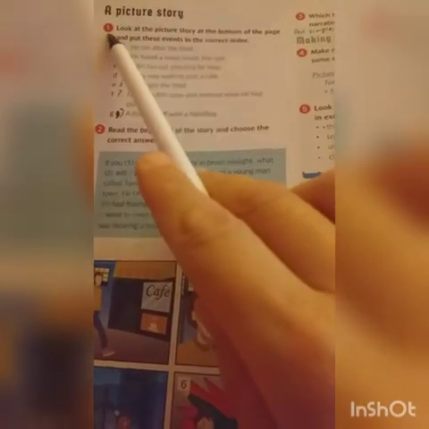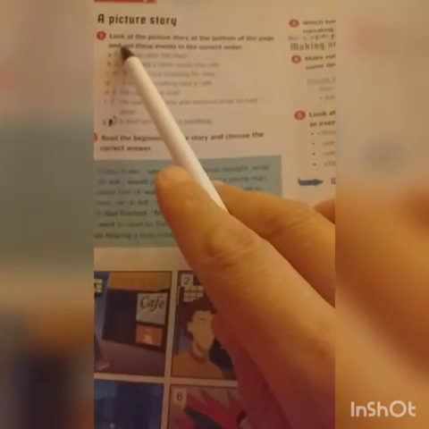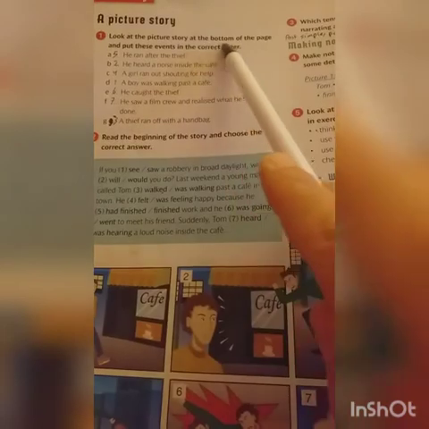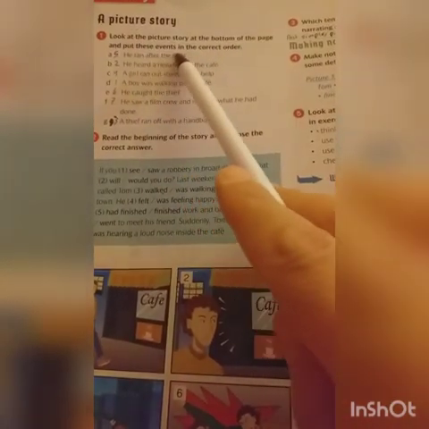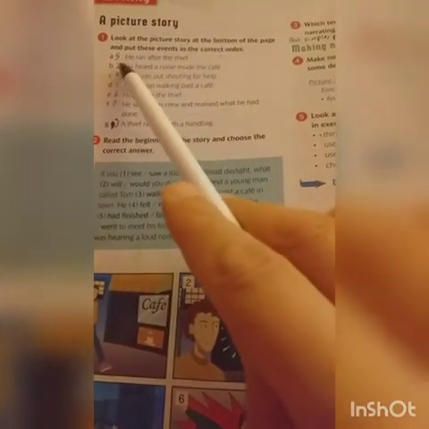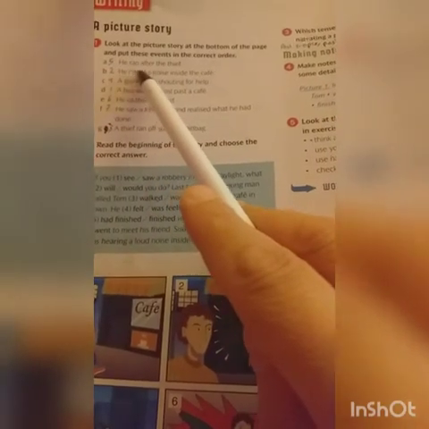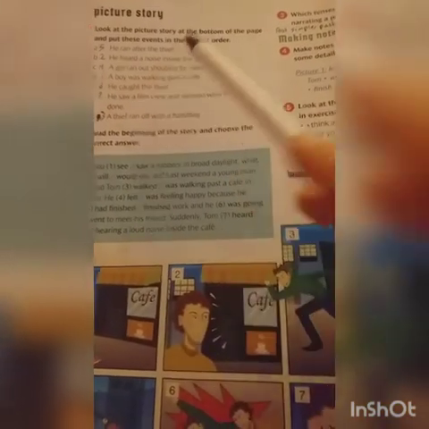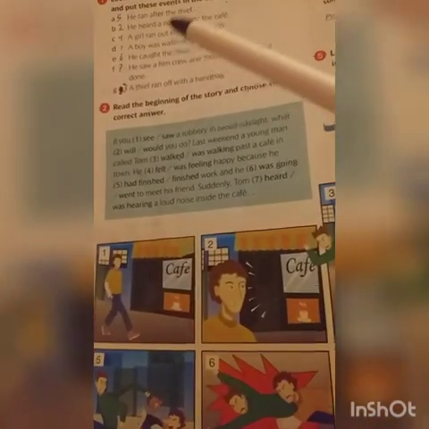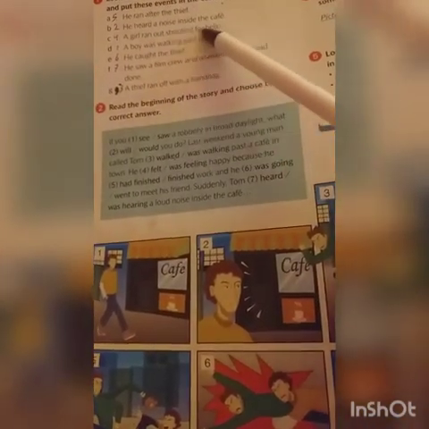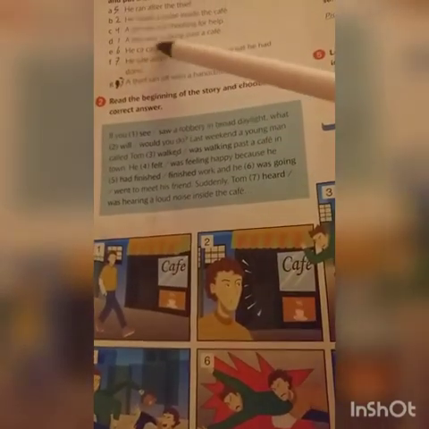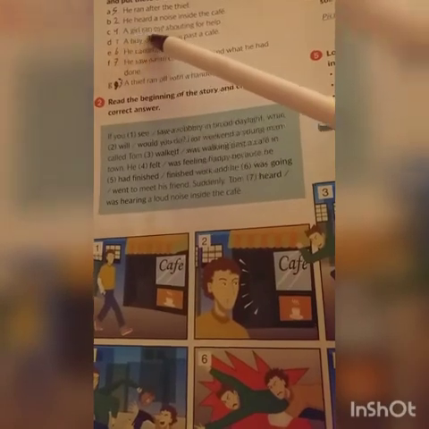Now let's do exercise number 1. Look at the picture story at the bottom of the page and put these events in the correct order. A. He ran after the thief, and this is picture 5. B. He heard a noise inside the cafe, and this is picture 2. C. A girl ran out shouting for help, and this is picture 4.